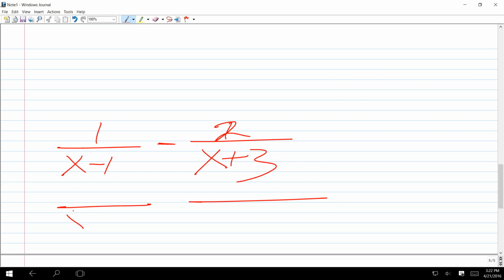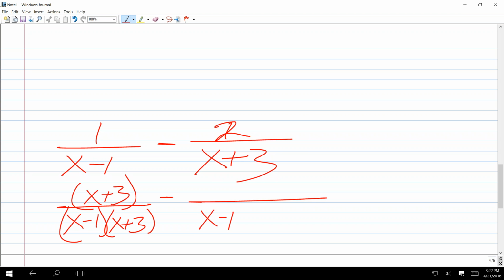So it's just x minus 1 times x plus 3. Now what goes in the numerator of this one? That would be x plus 3. And I'm going to put parentheses around it just because it's safer. Excess parentheses never hurt you. Leaving them out can often hurt you. What goes in this numerator?